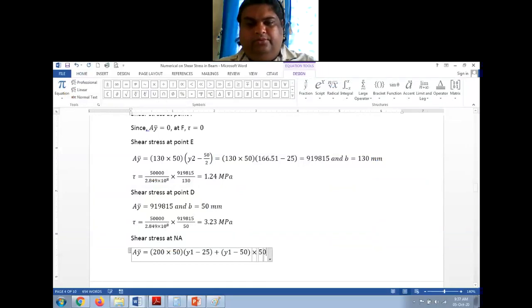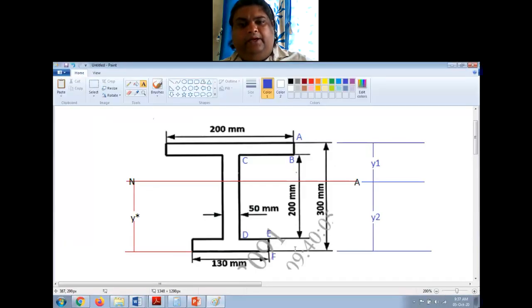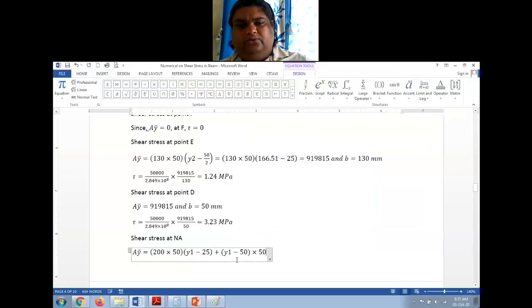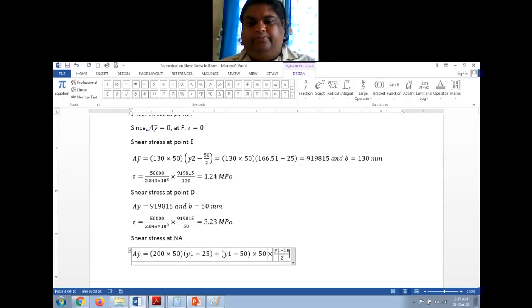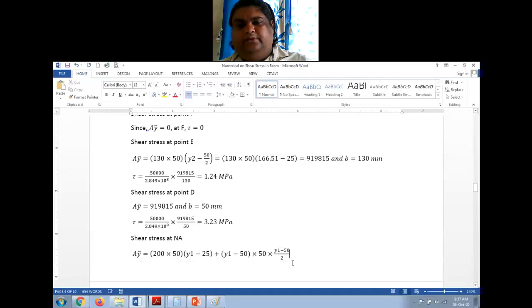So into 50. Now this is the area. Y1 minus 50 into 50 is area into y bar. Y bar will be half of this height, right? So it will be again into y1 minus 50 by 2, correct?